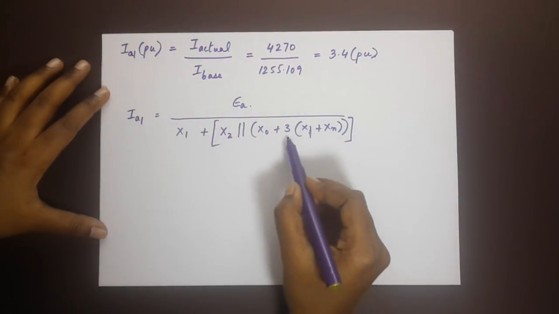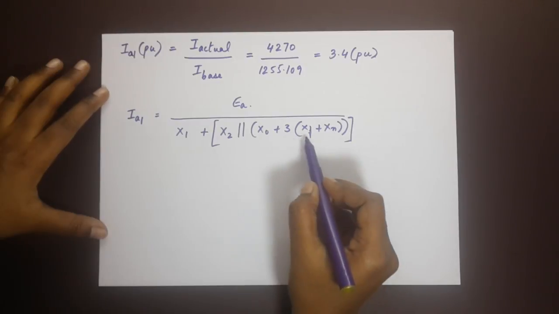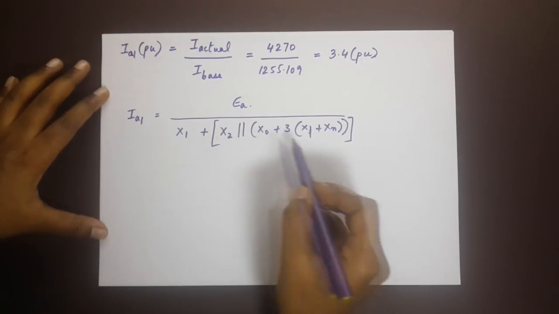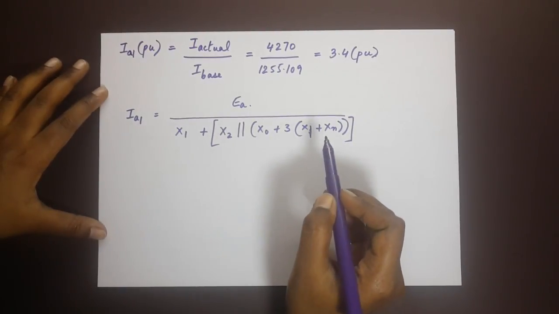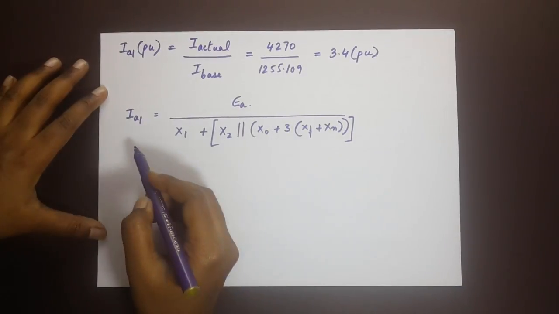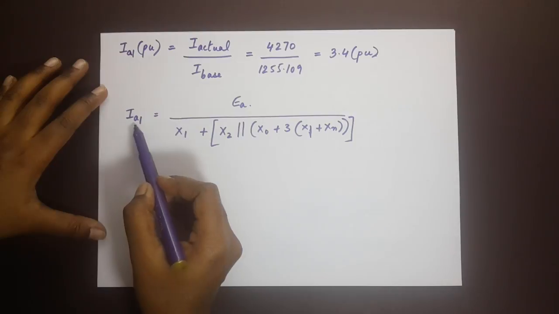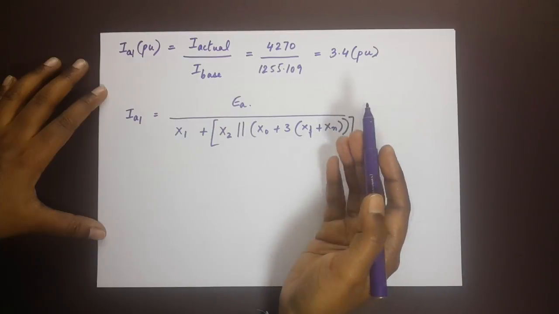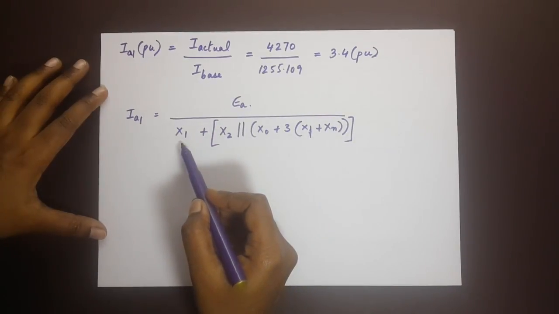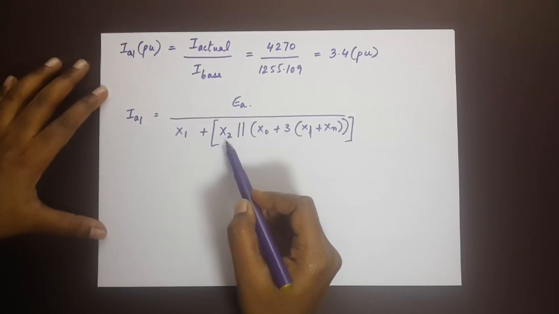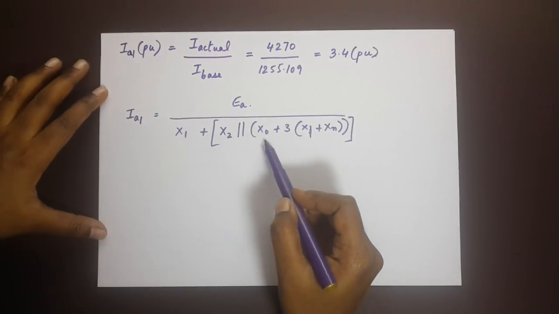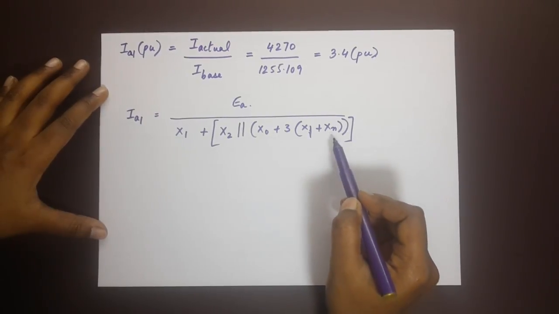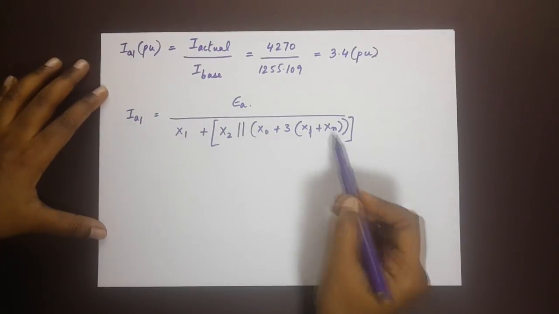This is for 3-phase. Now 3 times the fault reactance plus the reactance that has been added to the neutral, this is the formula we will need to use for a 3-phase system. Now we have the value of IA1, that's what we have just found. We consider EA to be 1 for per unit value. X1 has been given to us as 0.15. X2 is also given to us as 0.15. X0 as 0.05. XF is given as 0.1. And Xn is what we need to find.